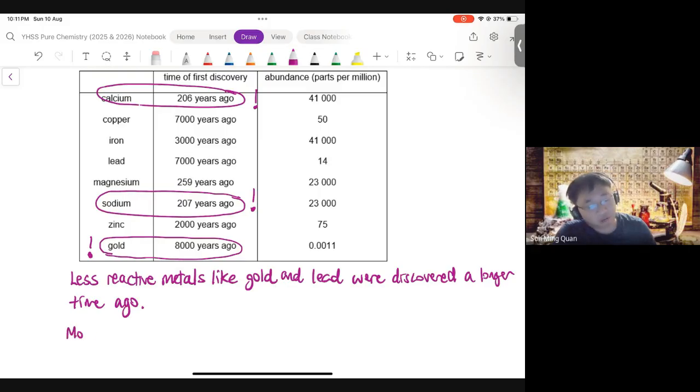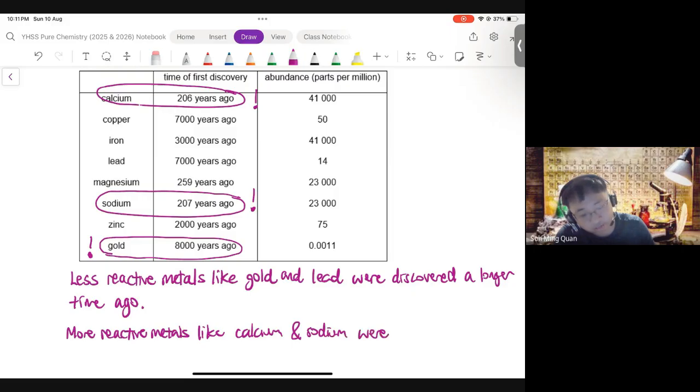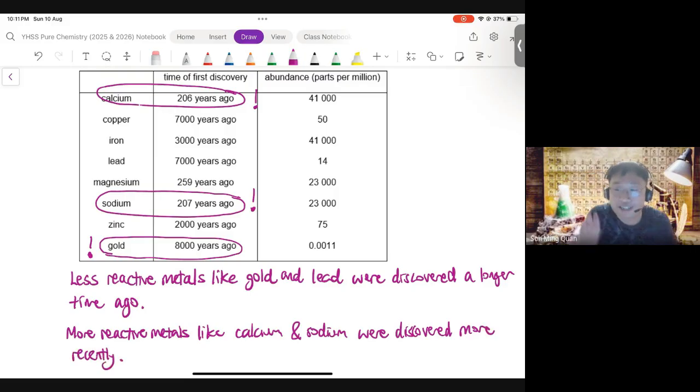Now, more reactive metals, obviously, like calcium and sodium, were discovered more recently. So to you, 200 years ago is quite old, but it's not. Okay, 200 years ago in science is considered quite recent.